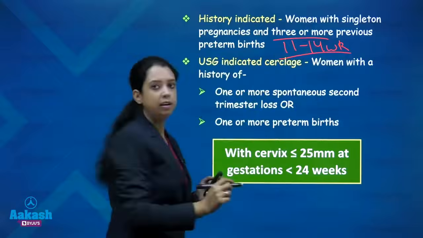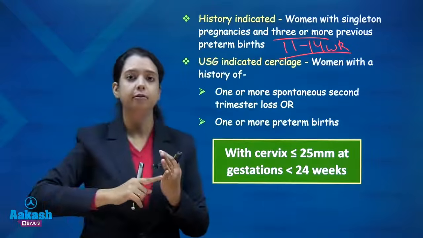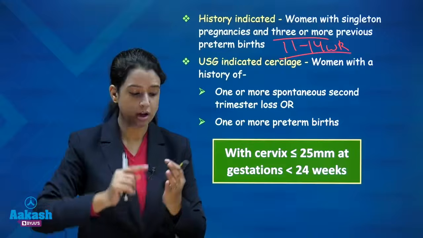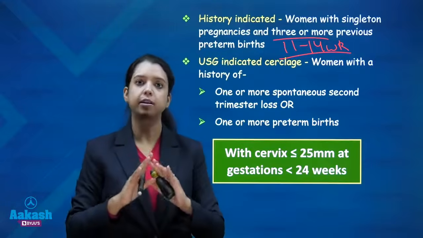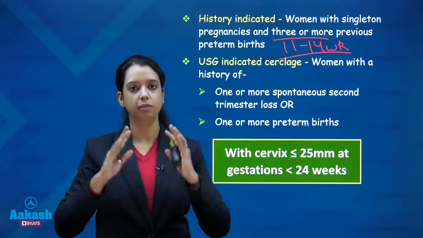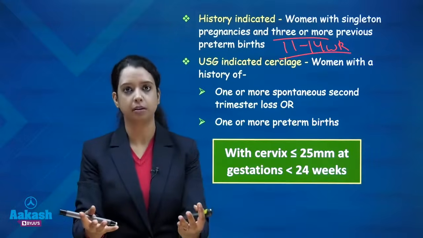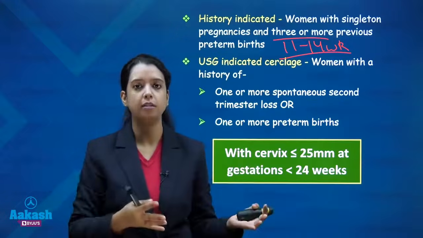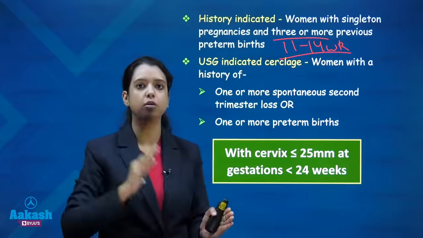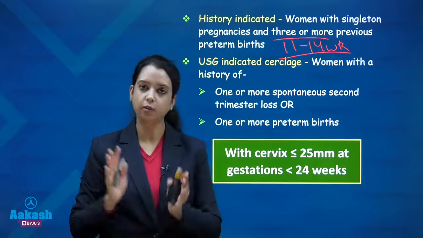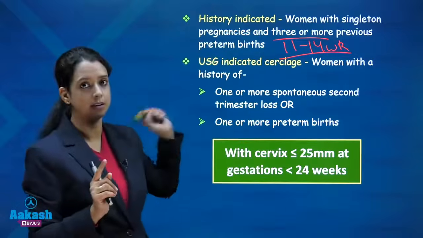Because at 11 to 14 weeks, you will do her first trimester ultrasound, you will do her dual marker, you will be 80% sure that the fetus has no anomaly, her Down syndrome test will be normal, then only you will give cerclage, okay. If the fetus has any of these high risk tests positive, you will not give her cerclage, right. So at 11 to 14 weeks, when you are sure that these tests are negative, you will give her cerclage, okay. This is history indicated.